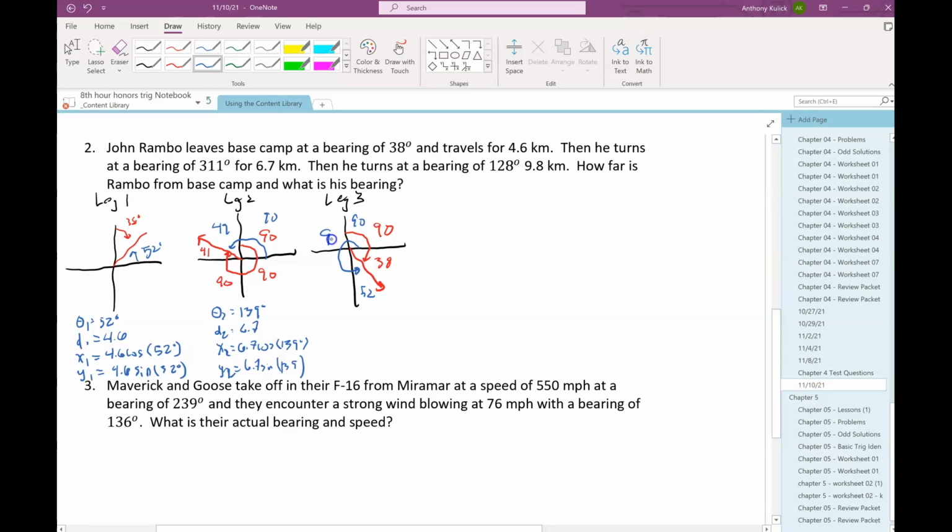So 90 plus 90 plus 90 plus 52 is 322. And the distance there was 9.8. So our x component is 9.8 cosine 322. Our y component is 9.8 sine 322.